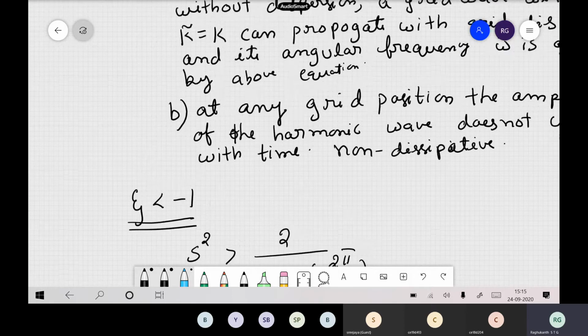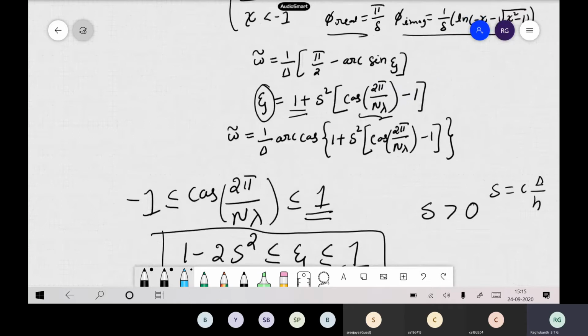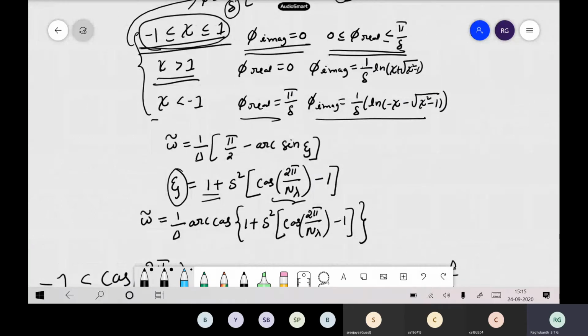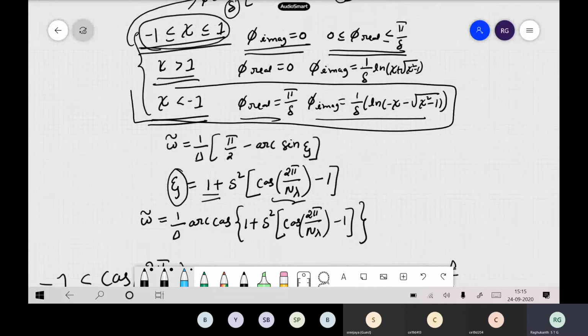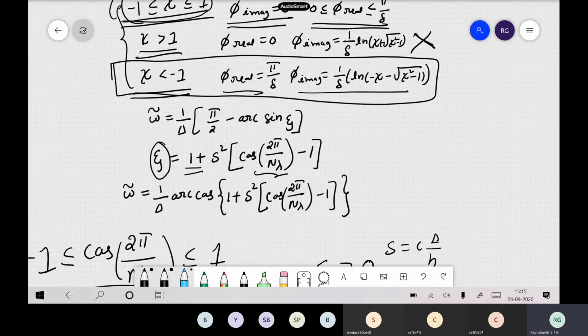So what happens when psi is less than minus 1? Now we already derived these cases for the general case. So what is this case actually? Now this case is ruled out, because in our case your psi cannot be more than 1 itself. Just 1 second.